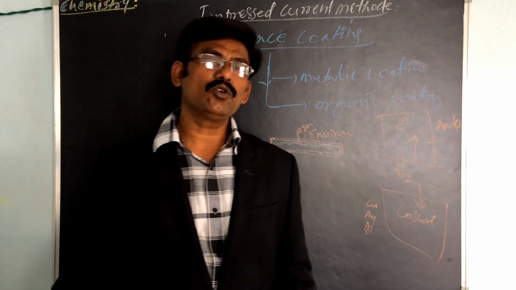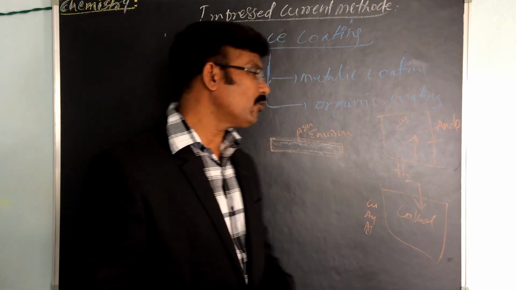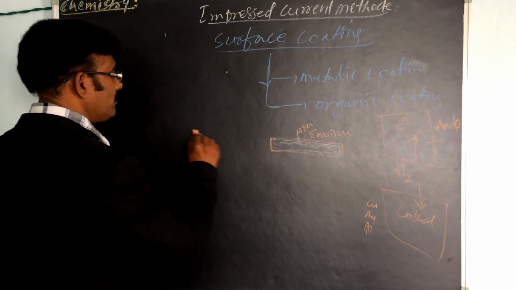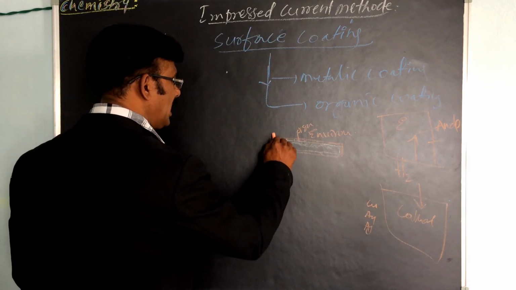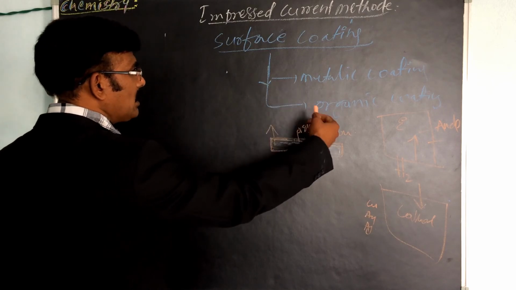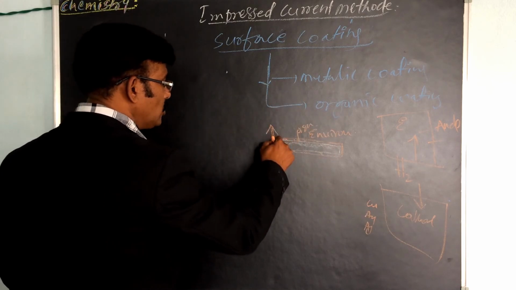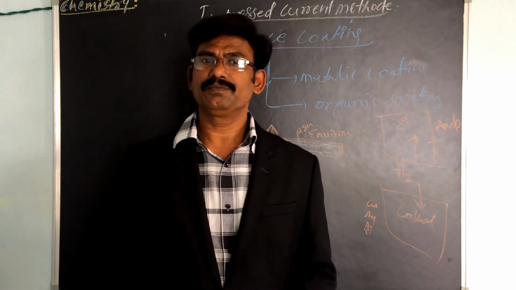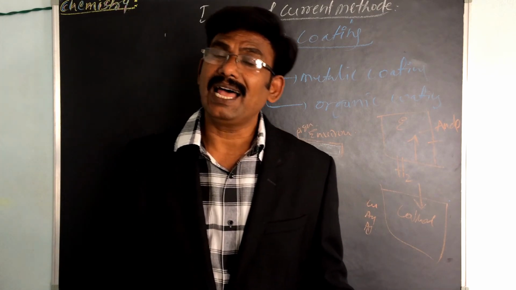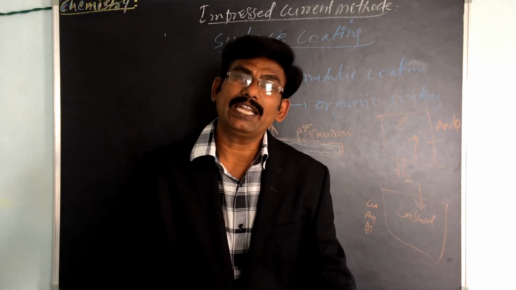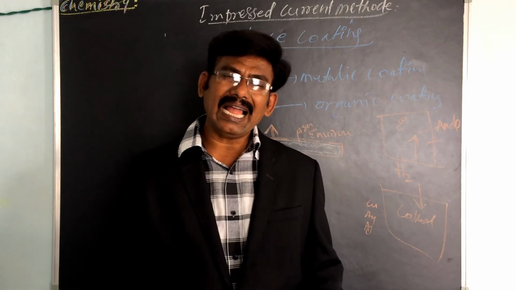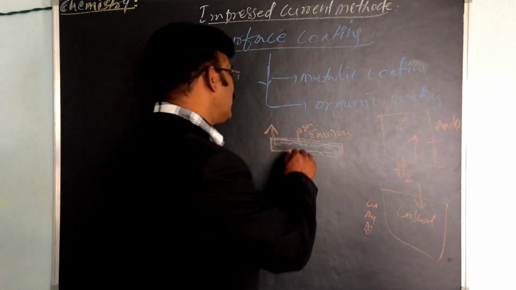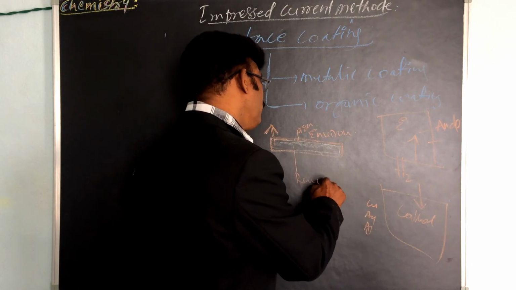Before going to paint, or before going to the metallic coating or organic coating, what do we have to do? We have to clean well. How to clean? That is solvent cleaning. It removes oil and grease from the metal before coating.